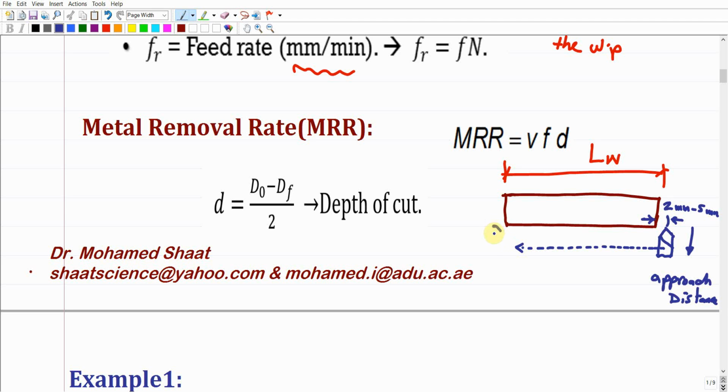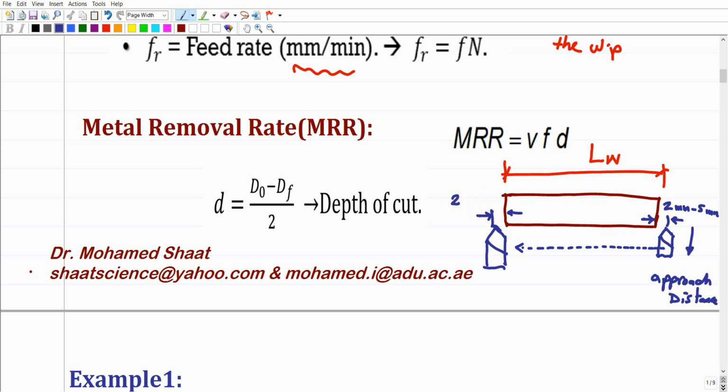We have an over travel distance to make sure that we completely cut the entire workpiece length. So in many cases, we apply another over travel distance beyond the edge of the work bar to make sure that we didn't skip any parts without cutting at the end of the workpiece.